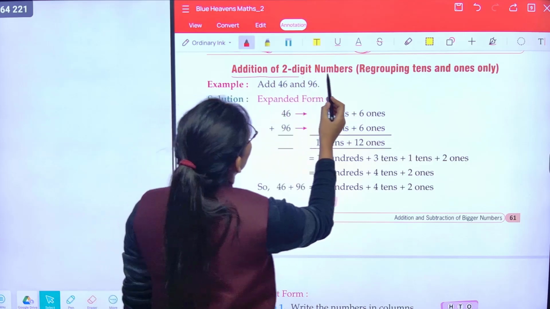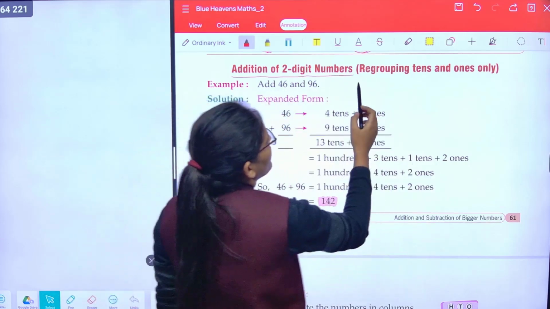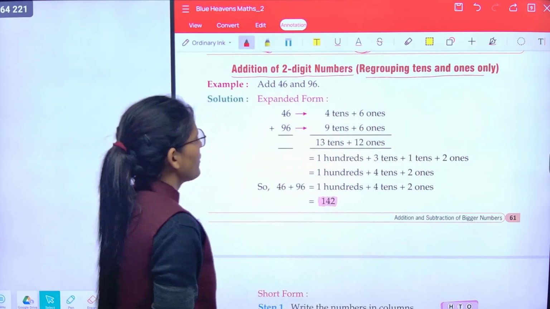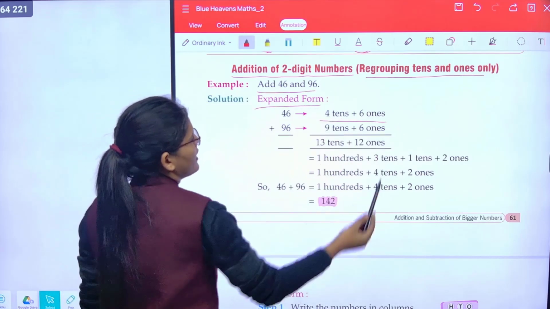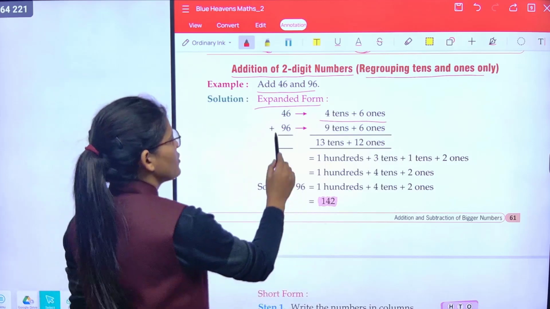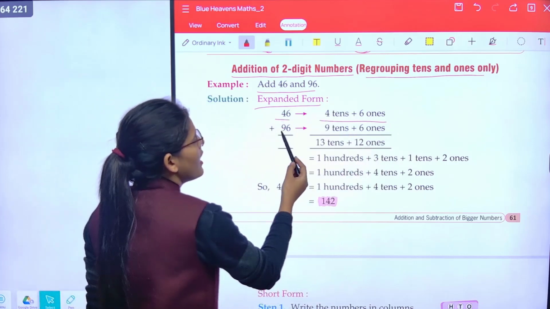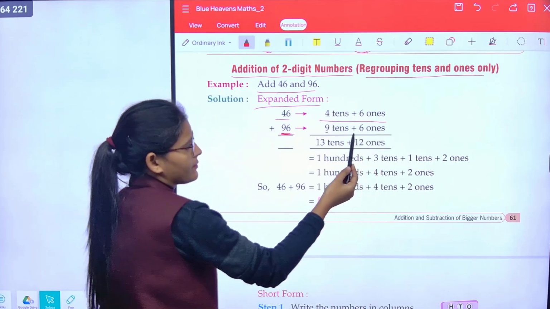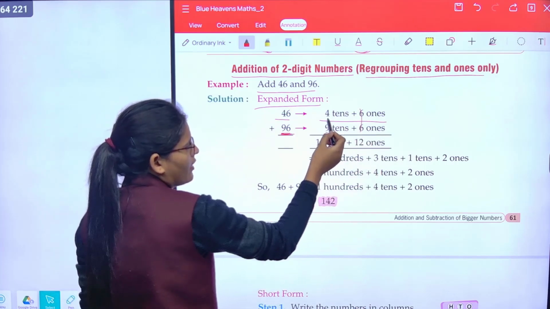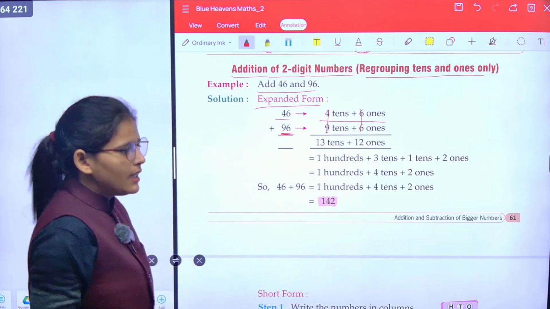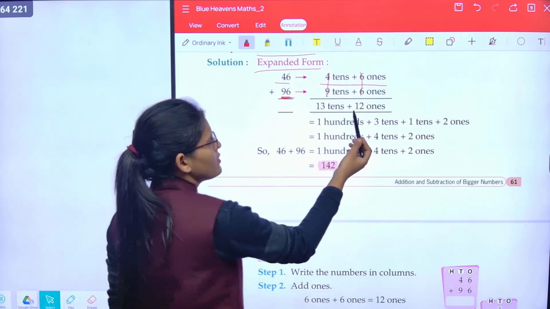Now addition of 2-digit numbers, regrouping tens and ones. Now class, add 46 and 96. Expanded form, 46 is 4 tens plus 6 ones. Now 96 is 9 tens plus 6 ones. So 6 plus 6, 12. 9 plus 4, 13. 13 tens plus 12 ones.